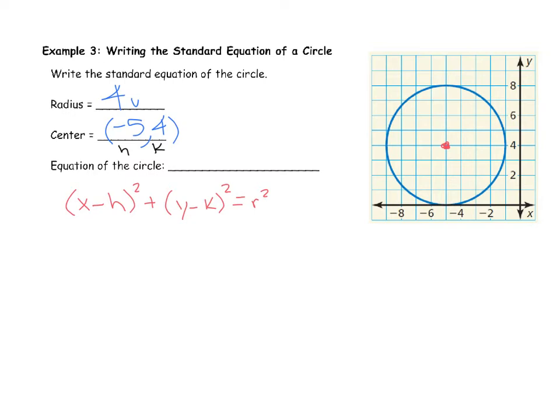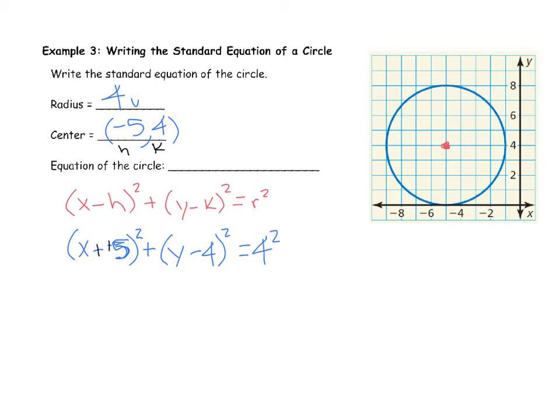So now when I plug this into the equation, we get x minus h, which is negative 5 squared, plus y minus k, which is 4 squared, equals radius 4 squared. Now let us simplify that.